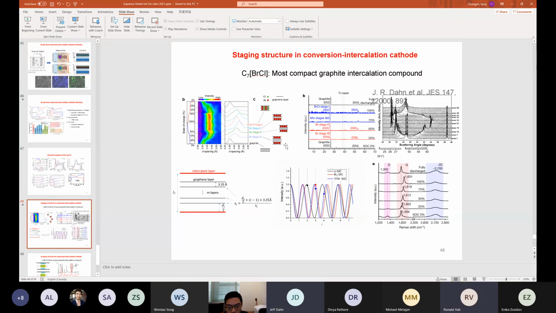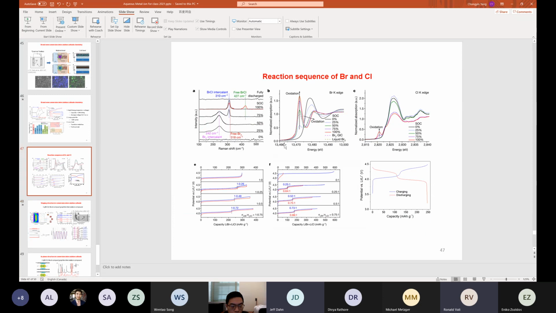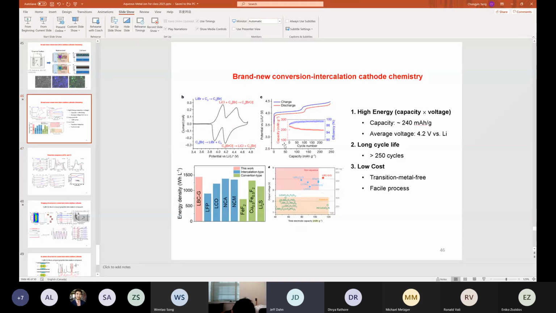Quick question about the system. The electrolyte is still the LiTFSI water-in-salt for this, yeah? Yes. In this system, we're still using the 28 molar, which is a mixed salt with lithium TFSI and lithium OTF.